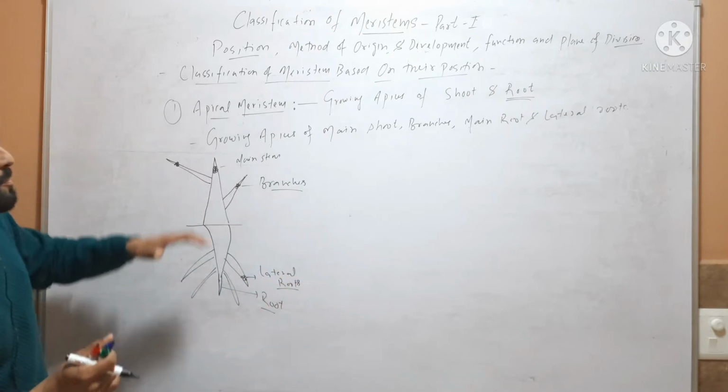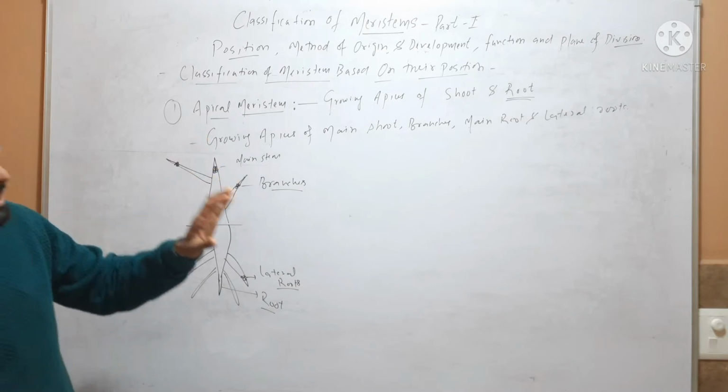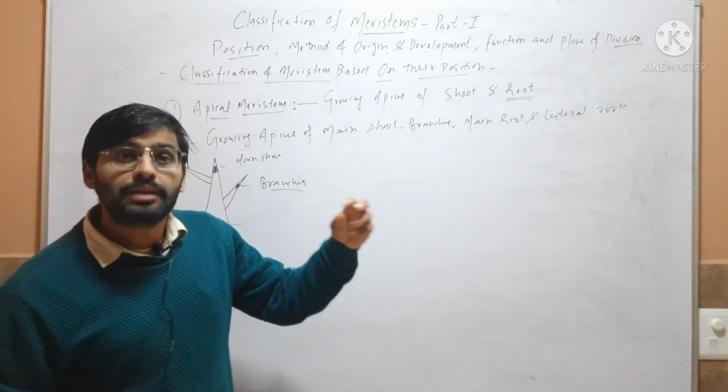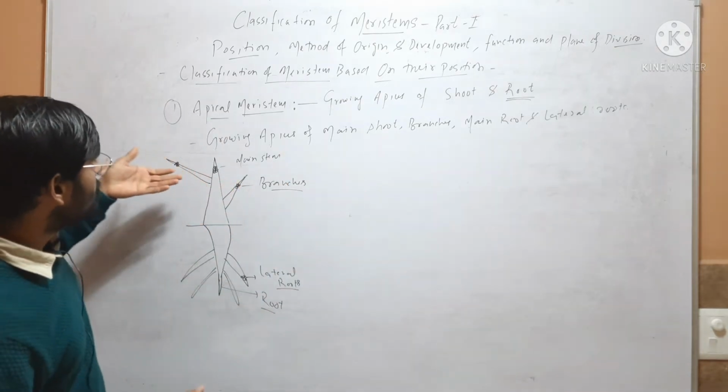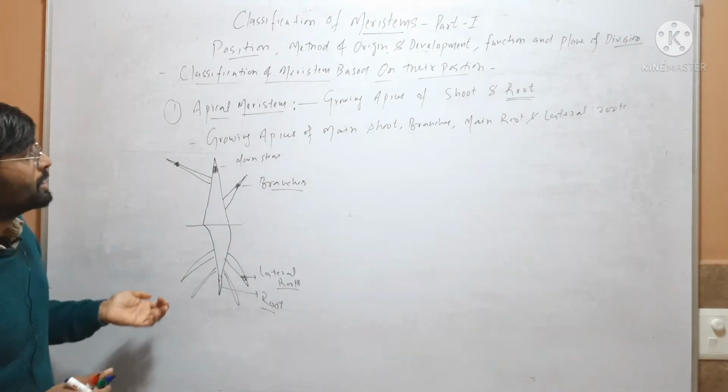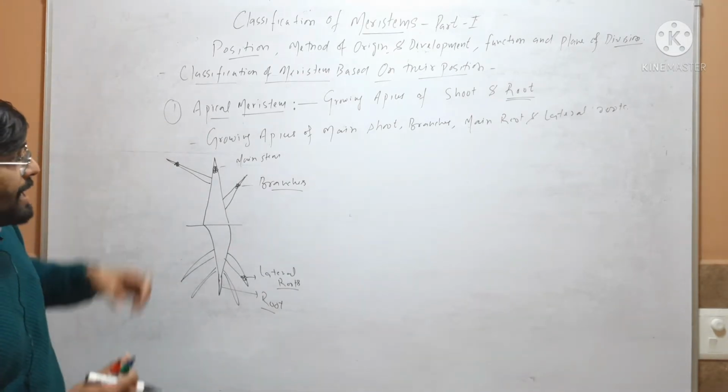So this is a meristem that is present on the growing tips, growing apices of shoot and root. So this is called apical meristem.